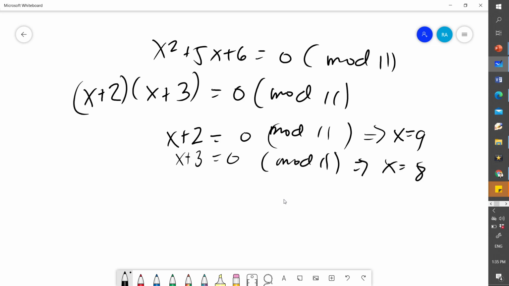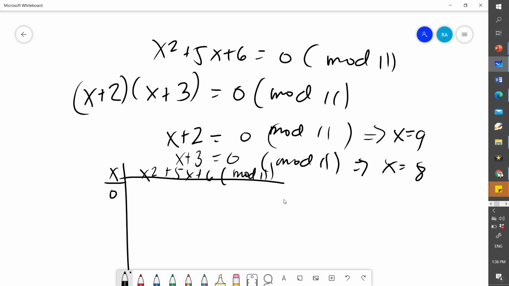Let's see if there's any other solution by plugging in all the other integers in mod 11. So let's consider the table again. When x is equal to 0, our equation is x squared plus 5x plus 6 mod 11. So we're going to substitute it here.